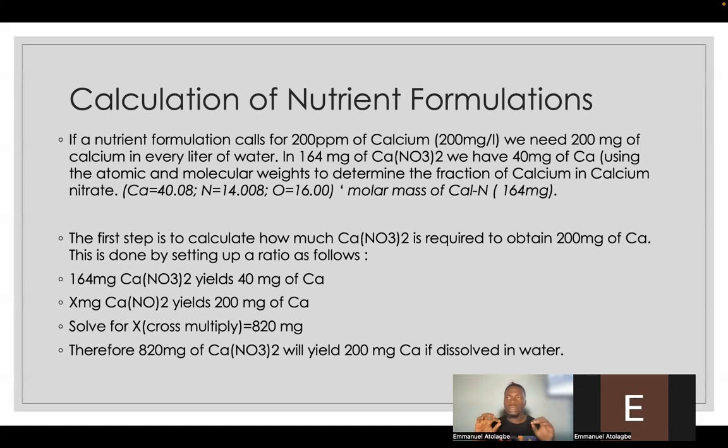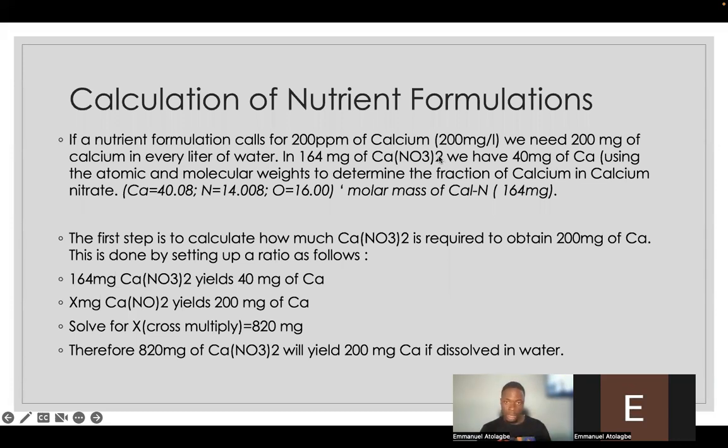In your calcium nitrate, Ca(NO3)2, this is the formula, you just have one calcium atom. Your nitrogen is 2, while your oxygen is 6.